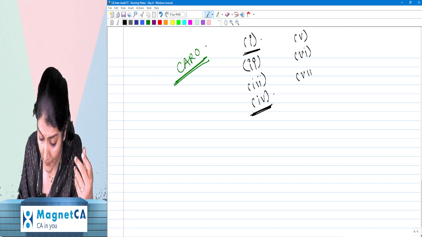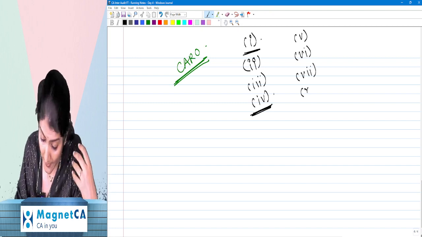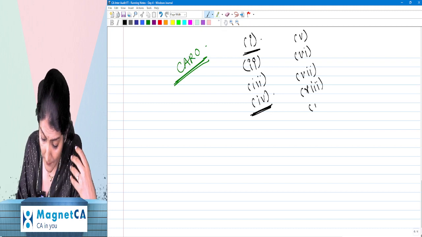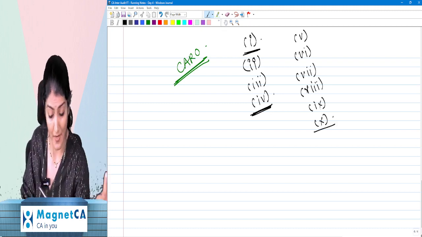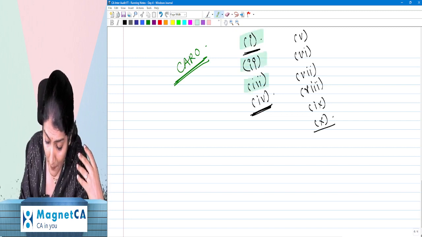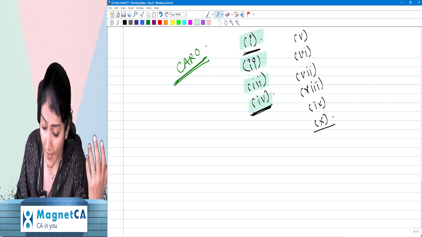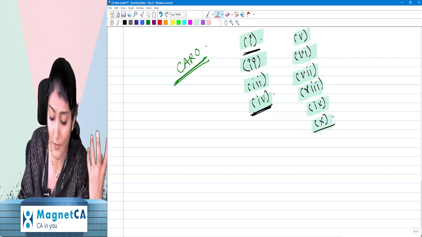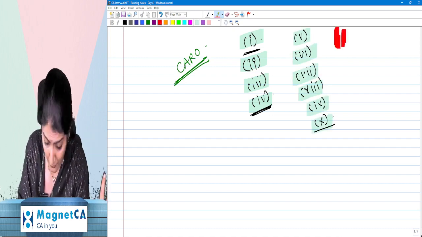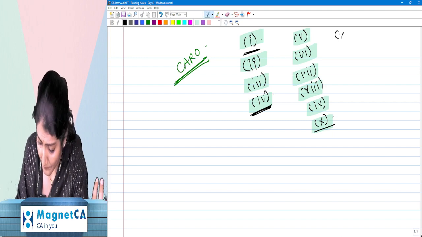6, cost records. 7, statutory dues. 8, undisclosed income. 9, repayment of loans or other borrowings. 10, issue proceeds. Right, so what did we say? Please inform landlord, landlady regarding your deposits, records, dues, undisclosed income, repayments and issue proceeds. Why? Because of fraud. Right, so fraud is clause 11.